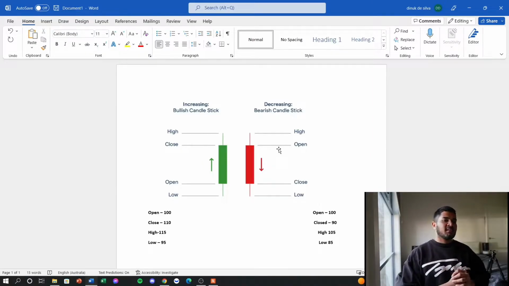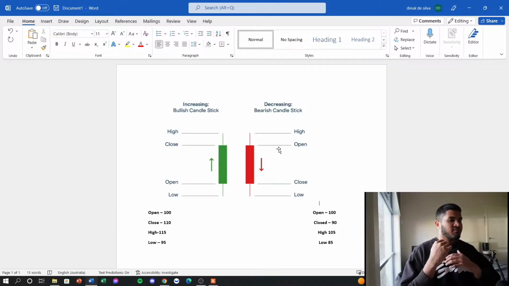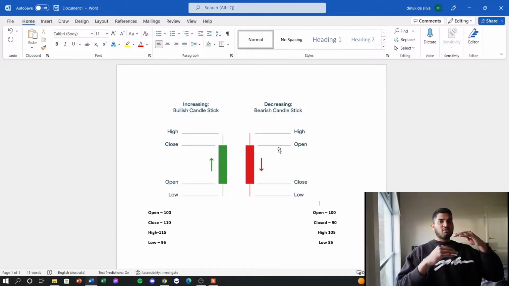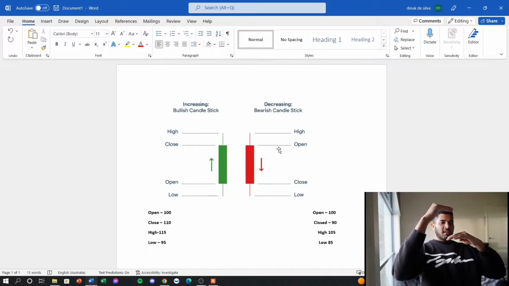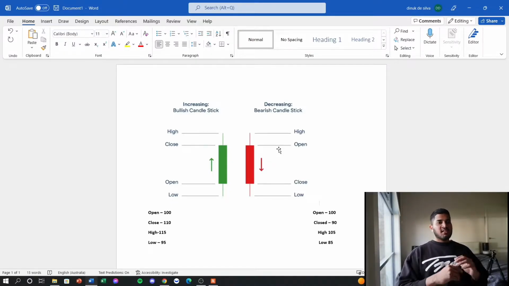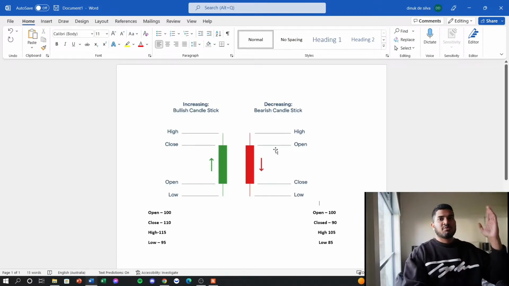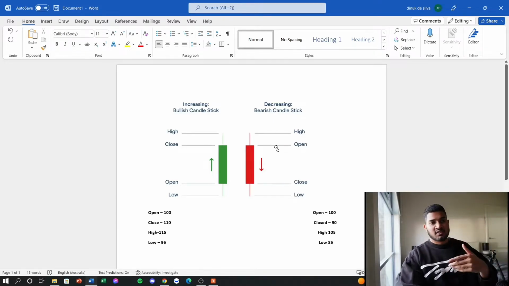It closed at 90 instead. And the high, once again, same logic: opened at 100, went all the way up to 105, but then it closed at 90. So once again, all you've got to remember is open and close. For now, green means price went up, red means price went down.